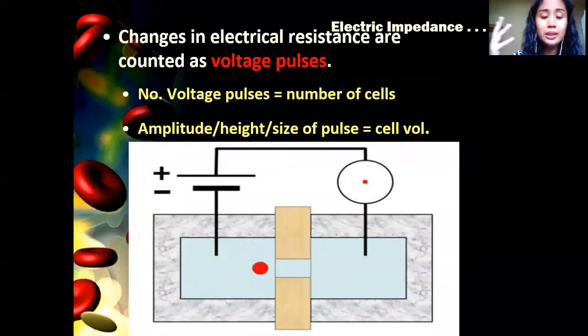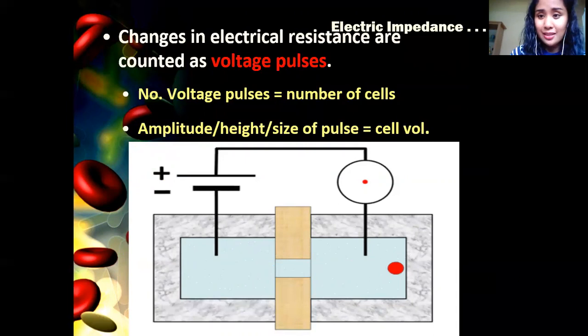What does that mean? The number of times it creates a voltage pulse relates to the number of cells. So however many pass through, that will be the number of cells.